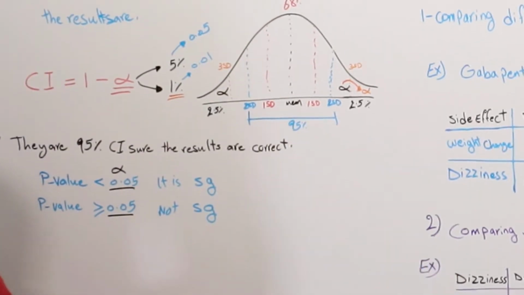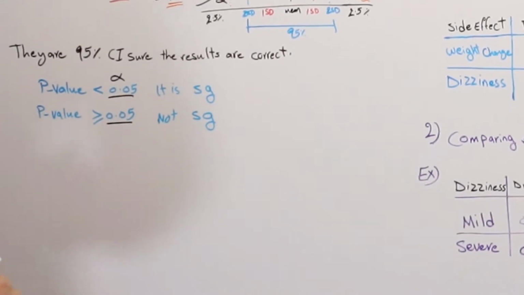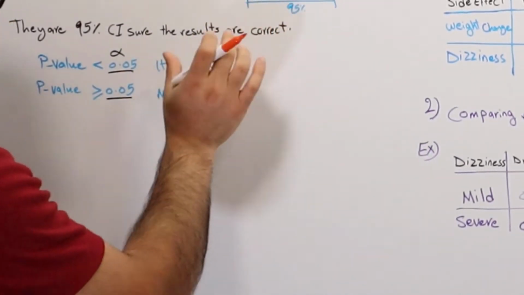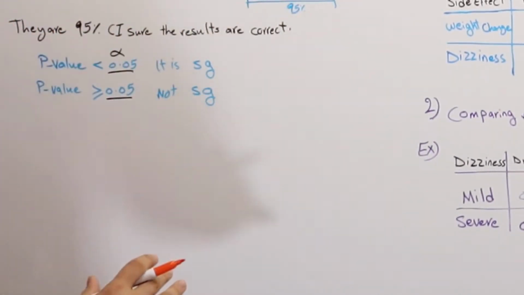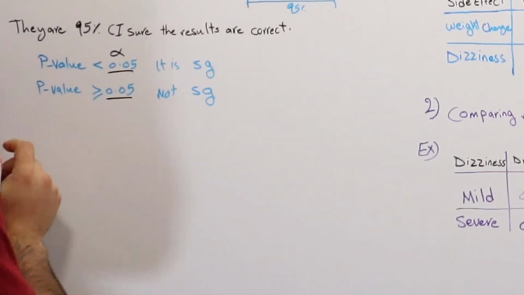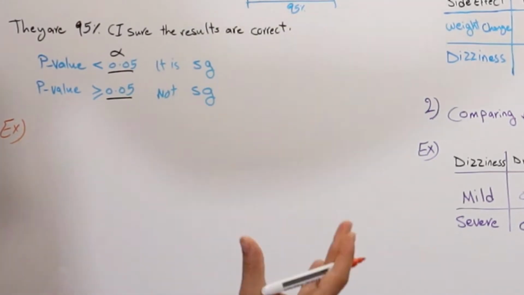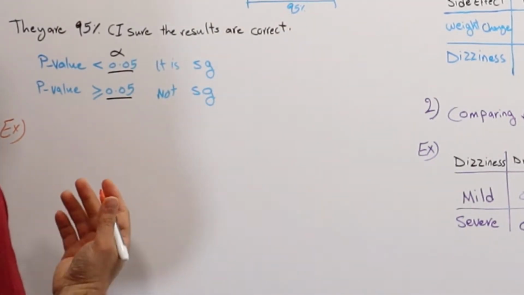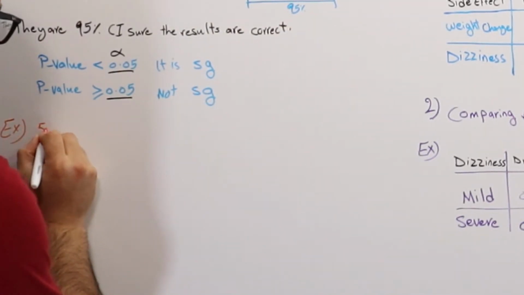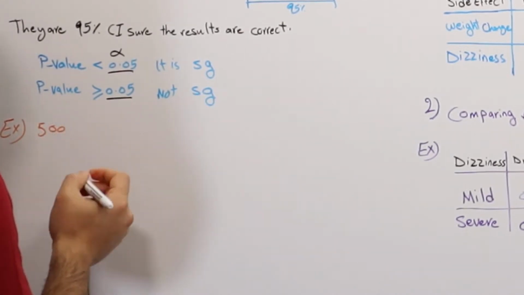So if we have a narrow range of confidence interval, let's take an example. We have a study in which we have 500 individuals.